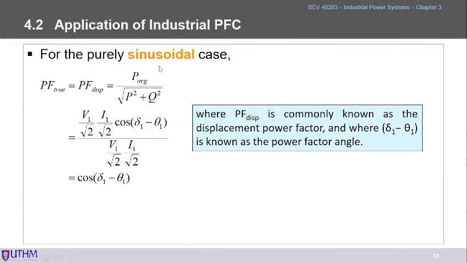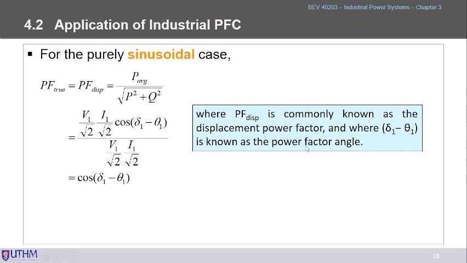For the purely sinusoidal case, we look at these statements. The true power factor is equal to the displacement power factor. What it means is that the displacement power factor is taken from the angle delta 1 minus theta 1.